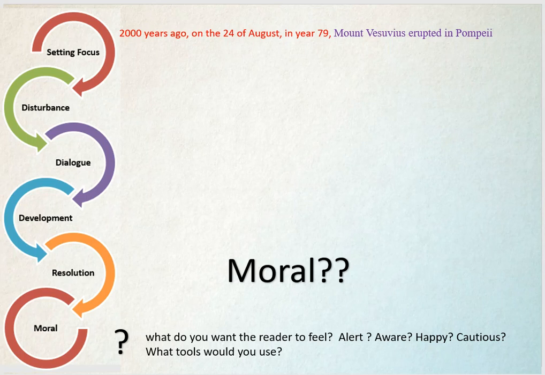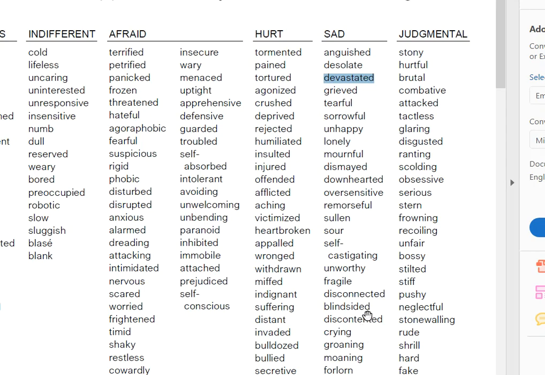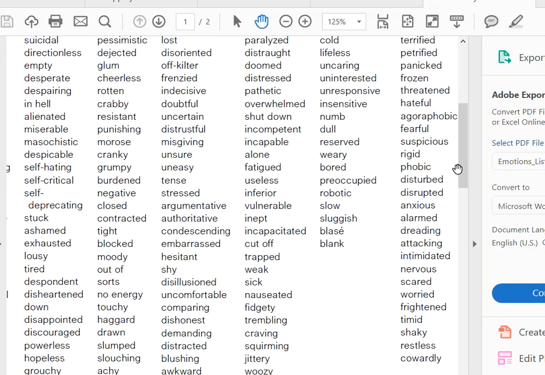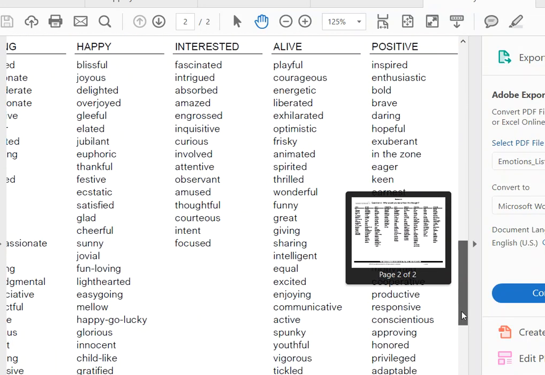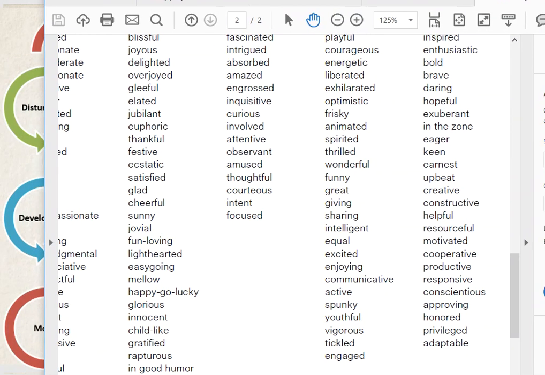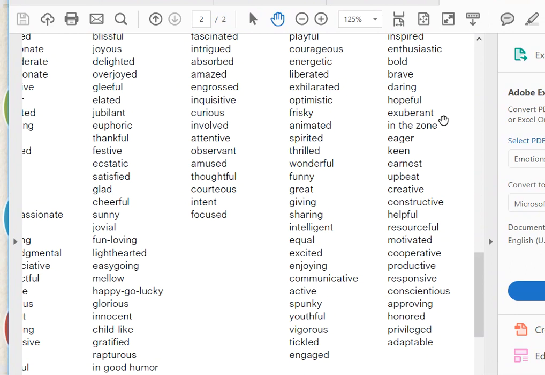By all means, please have a look at all the emotions and study them, and this helps you to think about your own reasons. Sometimes we do a lot of things and we're not quite aware why we do them.